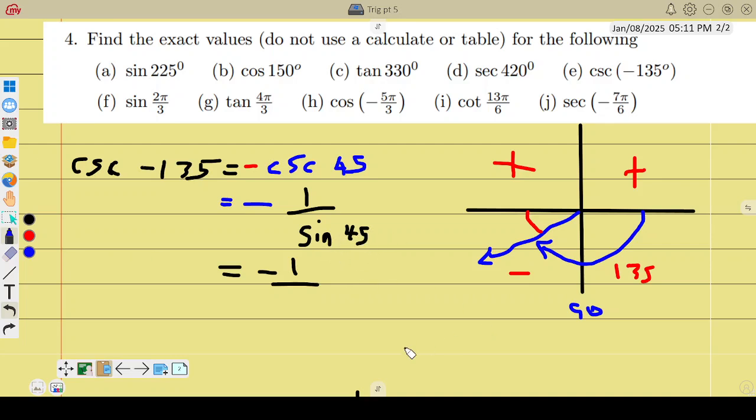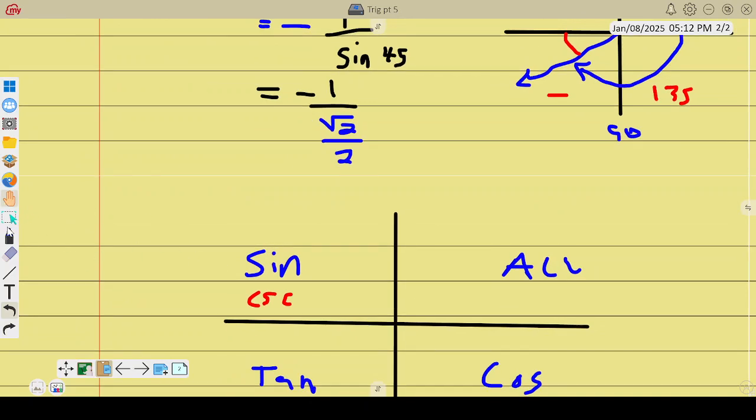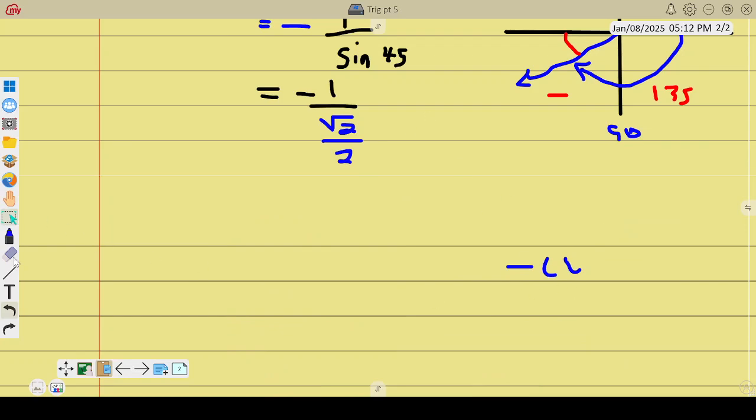Sine 45, when you follow the hand rule or any other method possible, is root 2 over 2. As usual, here we have 2 fractions. Since we have 2 fractions, let's make one of them a division symbol.